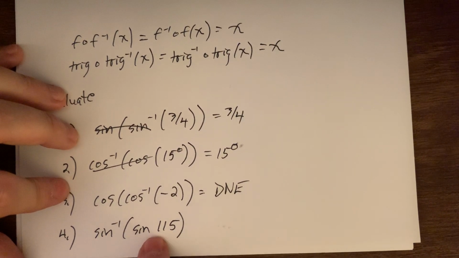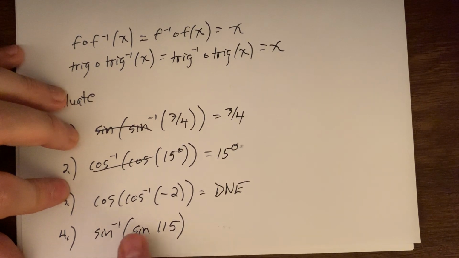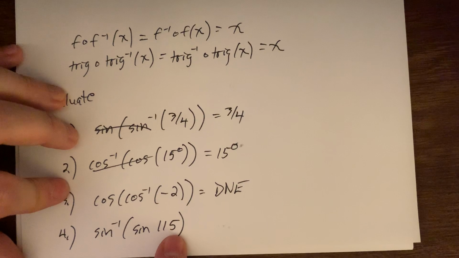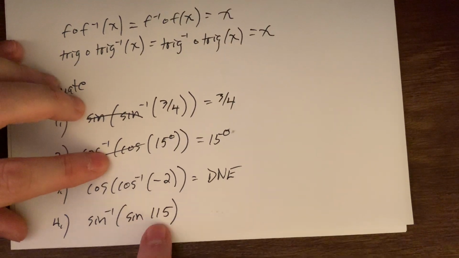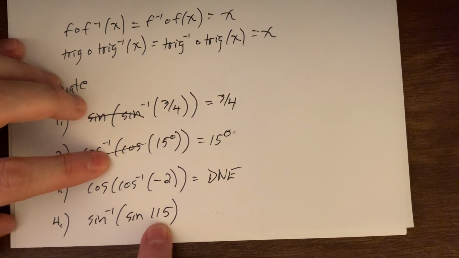So what we have to do here is think about what is an alternative angle that has the same value as sine of 115. Sine of what angle has the same value, and does fall in that window, for sine, between -90 and +90.